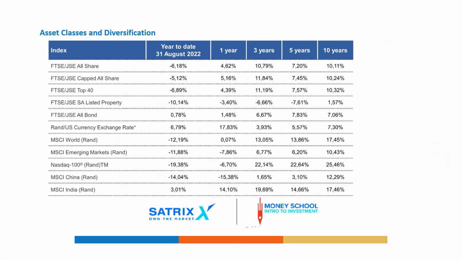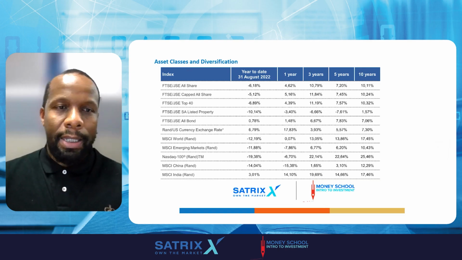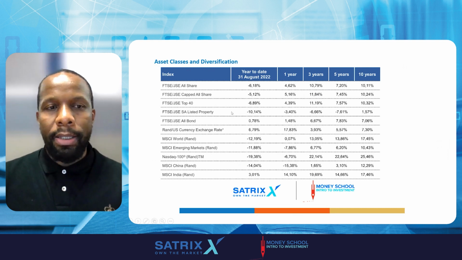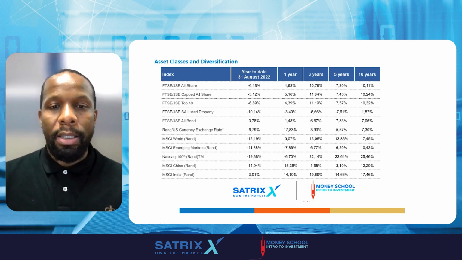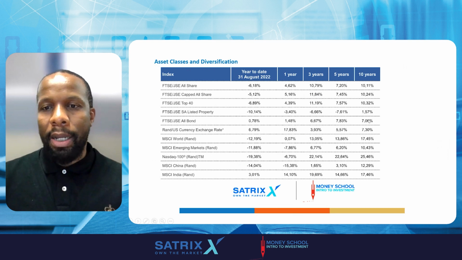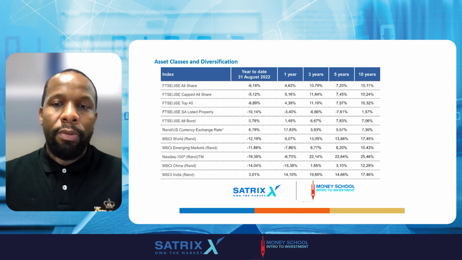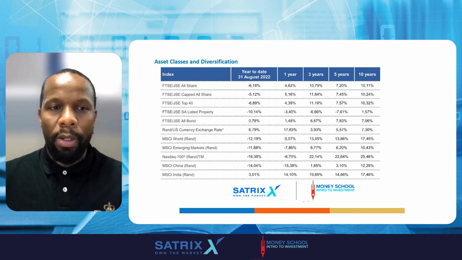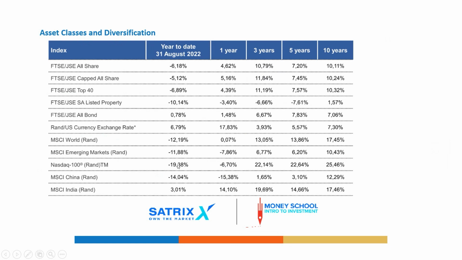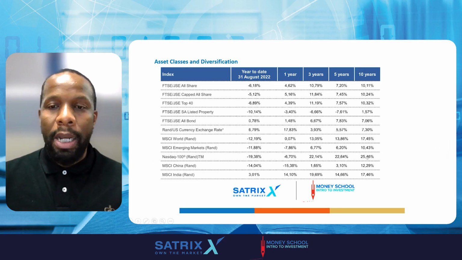So there's quite a lot of volatility in some of these asset classes, whereas there are some which are less volatile or less risky, where the returns are smoother, like the bonds here, which have been positive in the last 10 years or so. And there are markets where, as I said, the risk is more, but the reward is also more. For instance, here, the NASDAQ 100 was down 20% in one month, but over the last 10 years, it's been returning 25% per year on an annual basis.